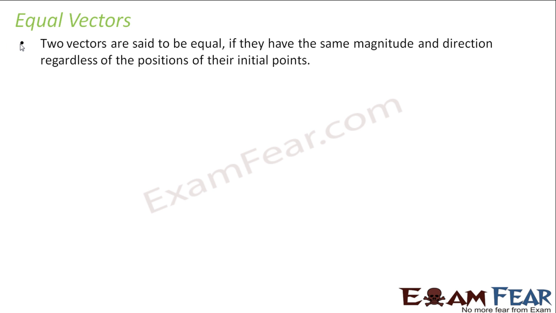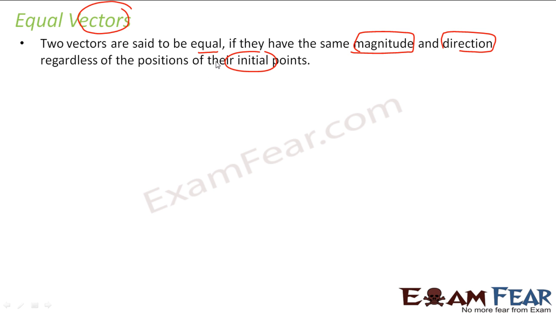The next category is equal vectors. When talking about vectors, you should know what equal vectors are. Two vectors are called equal if and only if they have the same magnitude and the same direction, regardless of their initial point. For example, if I have this vector and this vector, both have the same direction and same magnitude, for example 8 units, and both are in the northeast direction.